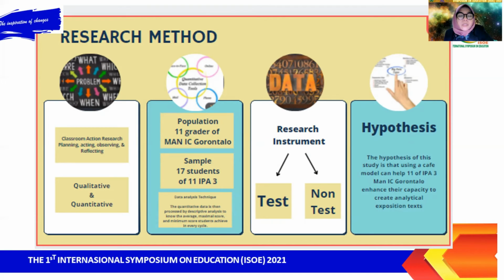The data was analyzed to determine the average, maximum, and minimum scores in every cycle. The hypothesis of this study is that using the CAFE model can help 11th graders of IPA 3 in Cendekia Gorontalo improve their ability to write analytical exposition papers.